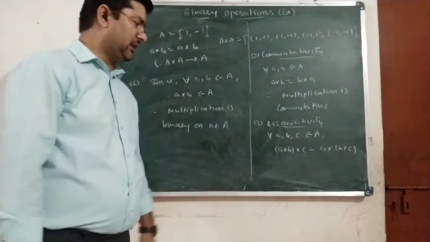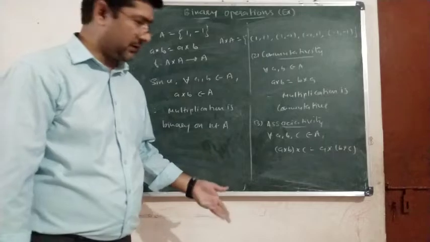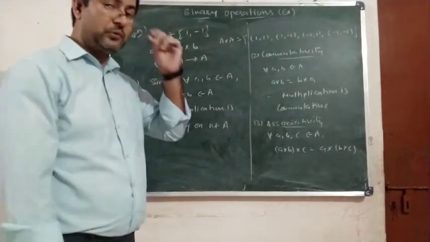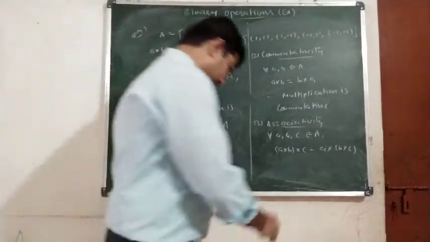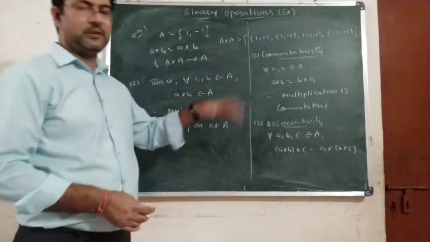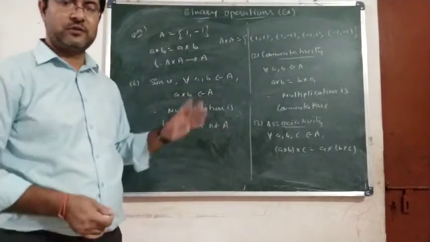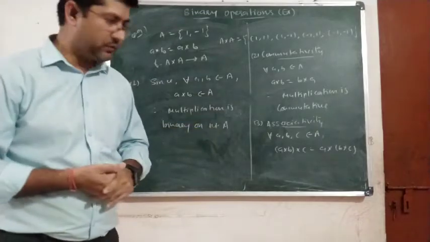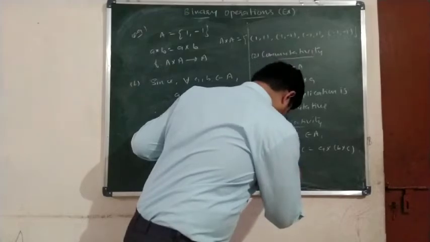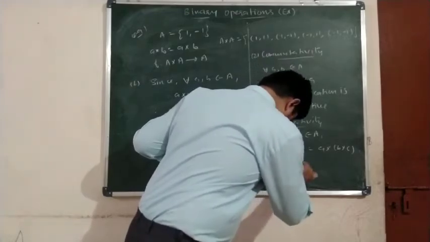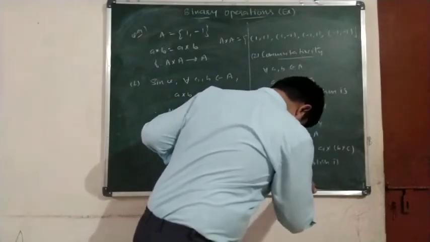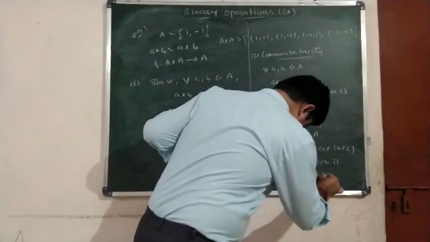Here you can take the elements like 1, 1, -1 like that. Two same elements and one different, because there are only two elements given in the set. And therefore you can explain by giving examples a, b, c as 1, 1, -1, or 1, -1, -1, or 1, -1, 1, any way you can take and explain. Clear? So we will write down that multiplication is associative.